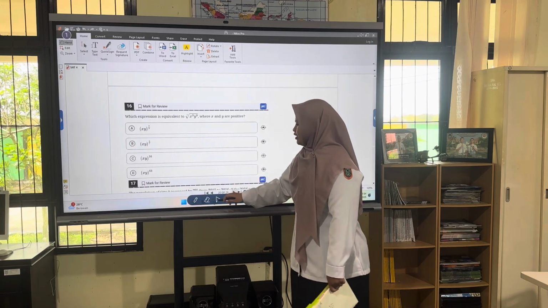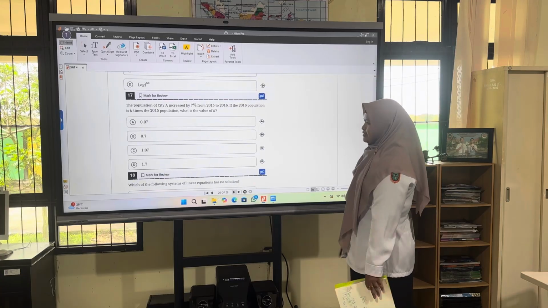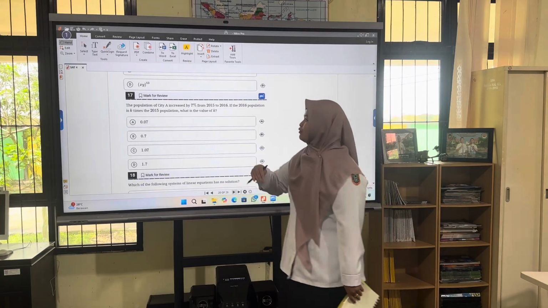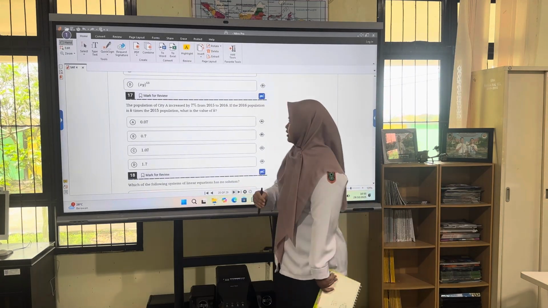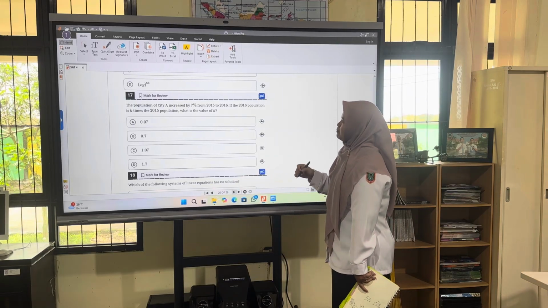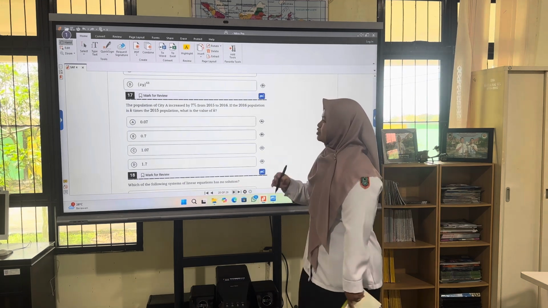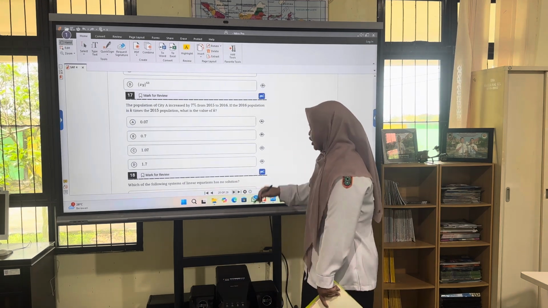Okay, so let's go to number 17. They say the population of city A increased by 7% from 2015 to 2016. If the population is K times the 2015 population, what is the value of K?